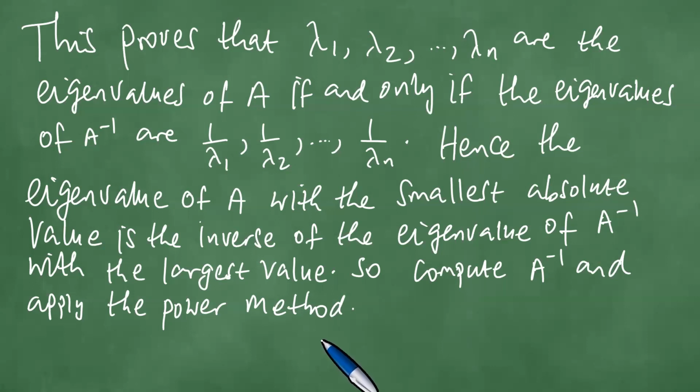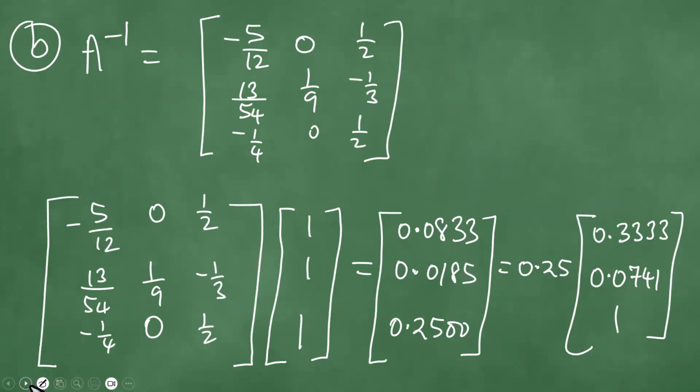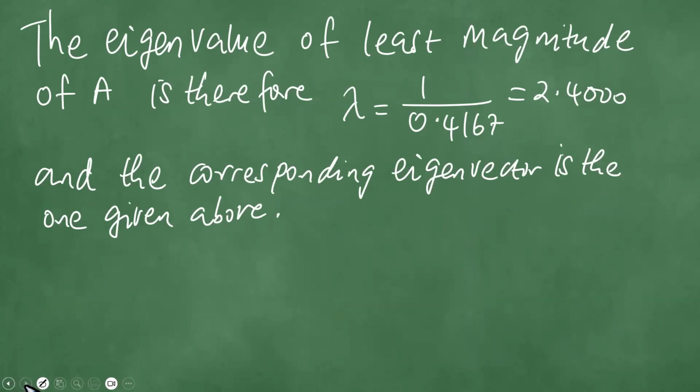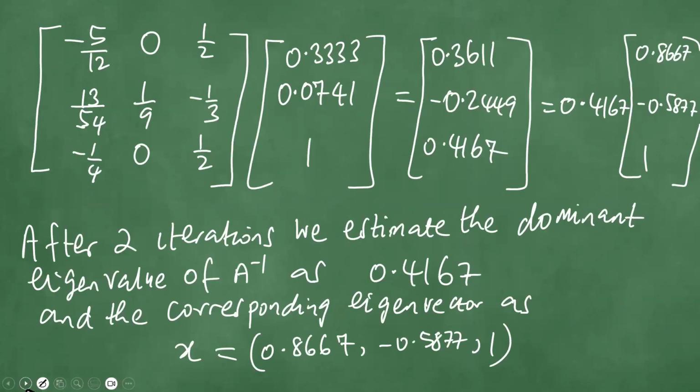Now I want us to have a discussion about the eigenvalue of the intermediate magnitude and what we do there, because these are the things that come in the exam. That is part C.